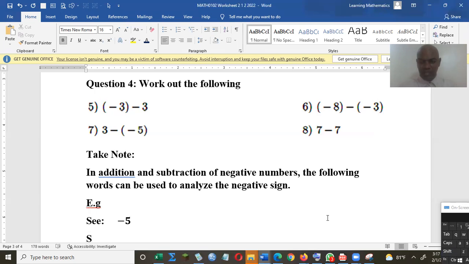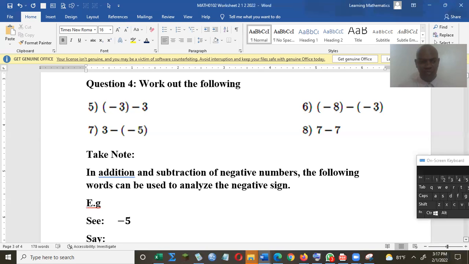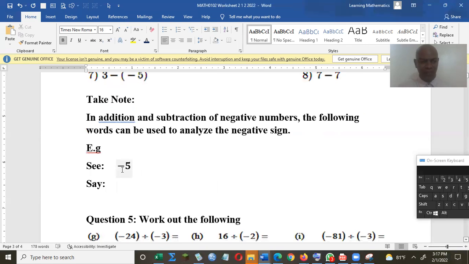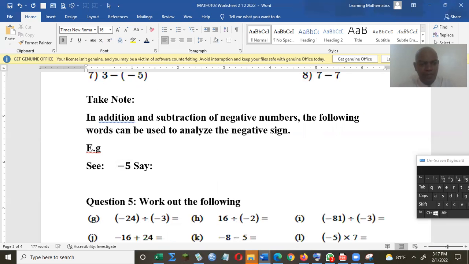Can anybody tell me, if you see that, what do you normally see? How do you normally read this? So you can say -5.